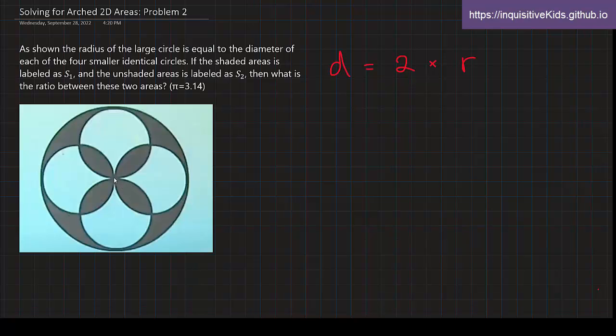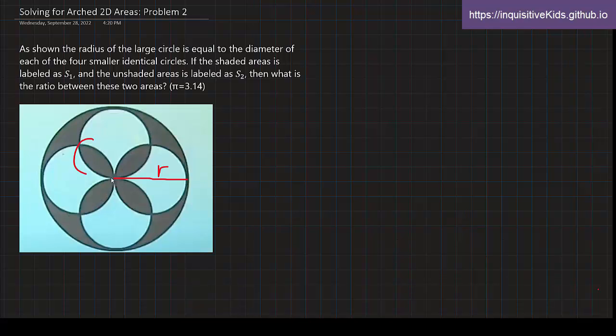So let's just give a variable to this radius. How about r, right? R stands for radius. Great. So if this is r, then we can easily figure out how to express the rest of these parts.